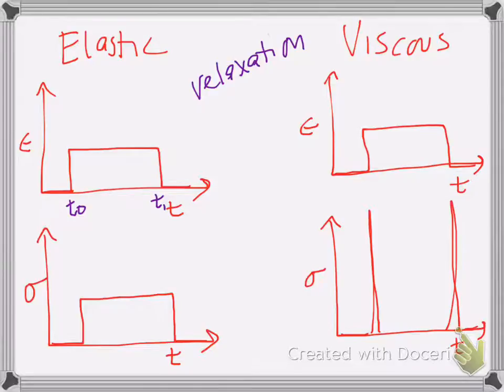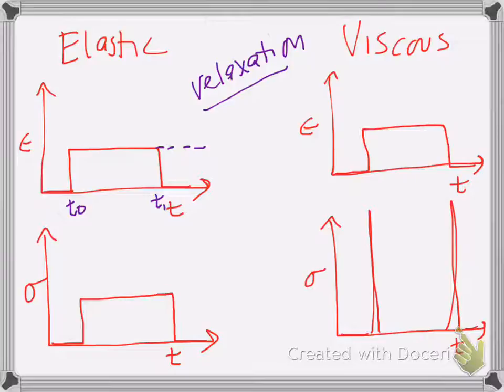Typically, when we actually do this relaxation experiment, and the same with the creep experiment, we might just leave it on and look just at the beginning and not at both ends. But for this model, I just wanted to talk about both turning the strain on and off, or as in the last slide, turning the stress on and off.